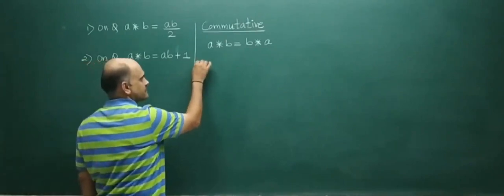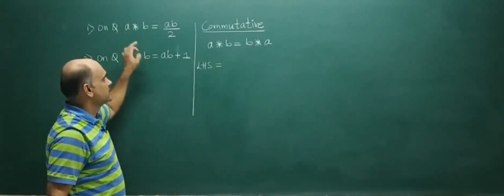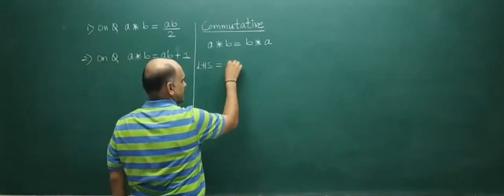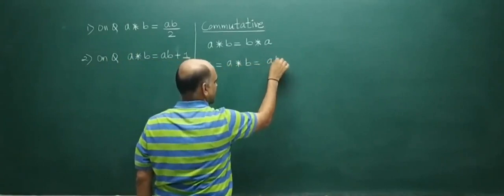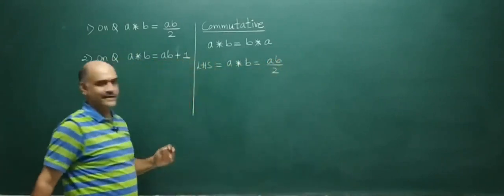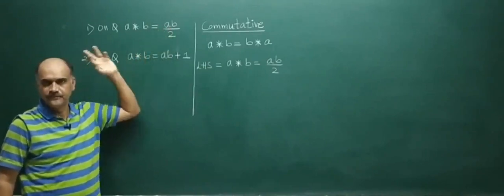So first I will solve LHS. LHS is A star B, which he has given as AB by 2. By definition, A star B is AB by 2.